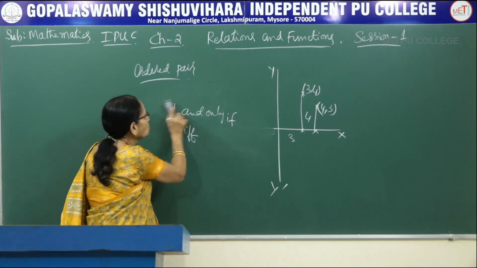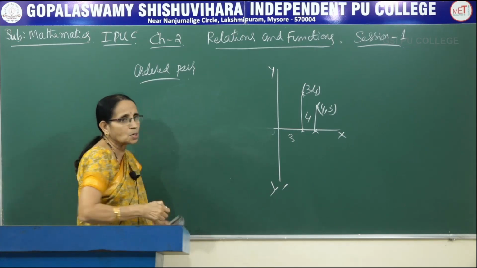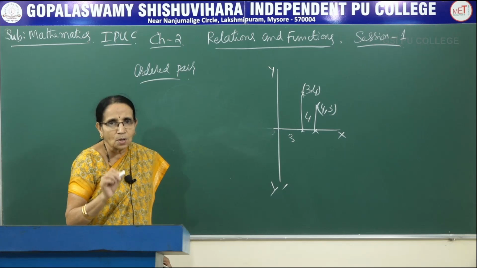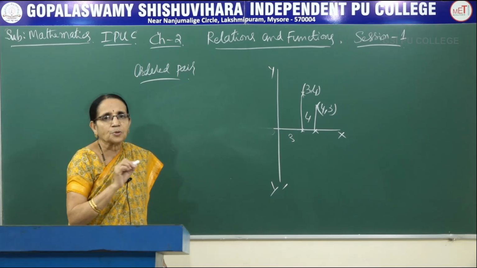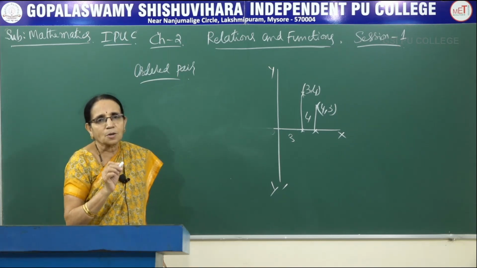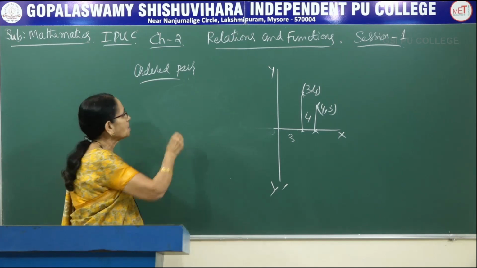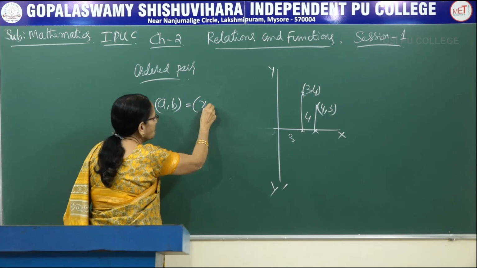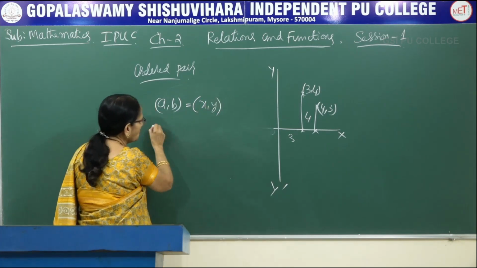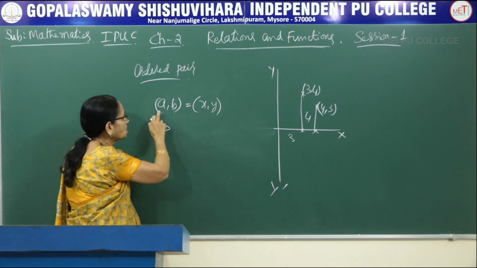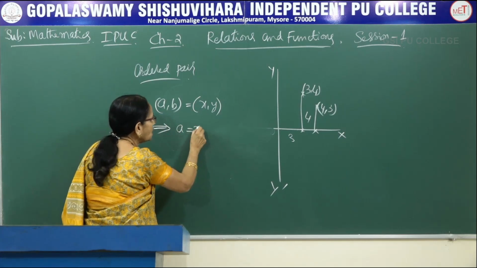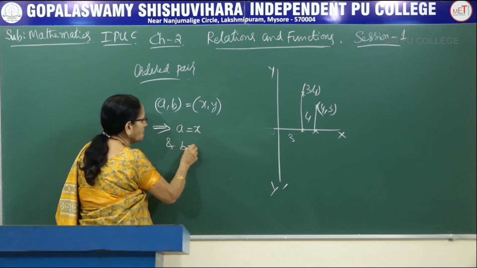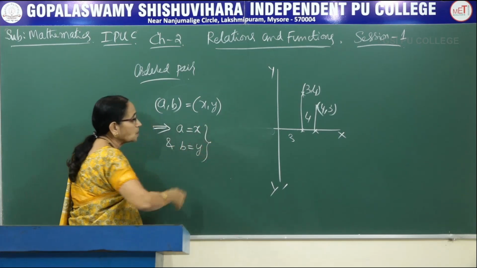That is, two ordered pairs are equal to each other if and only if the corresponding first elements are equal and the corresponding second elements are equal. How do you write it in notation? (a, b) equal to (x, y) implies that the first elements a and x are equal, and the second elements b and y are equal.